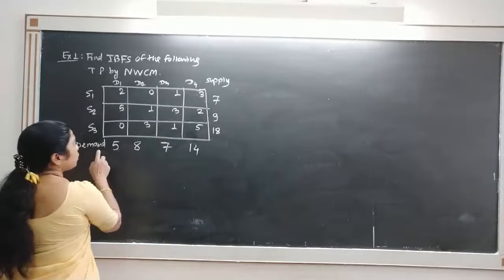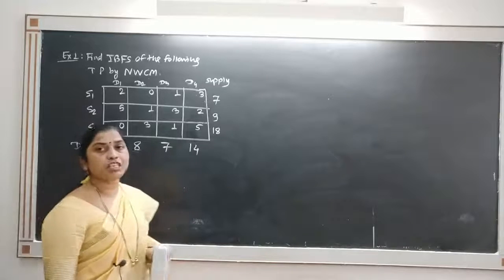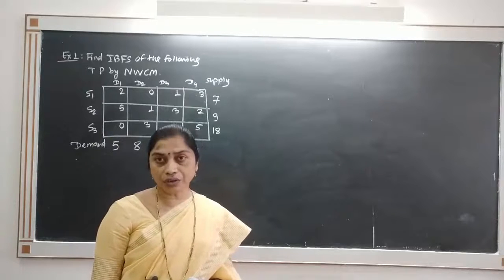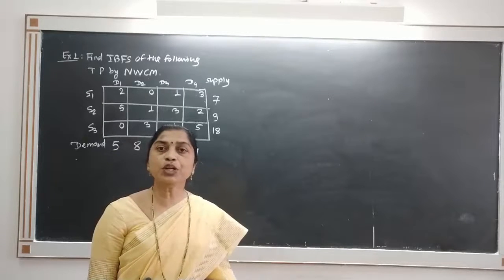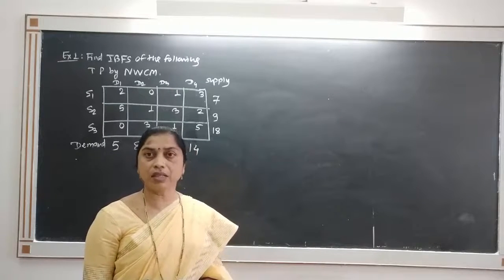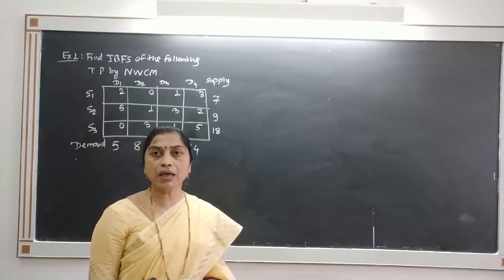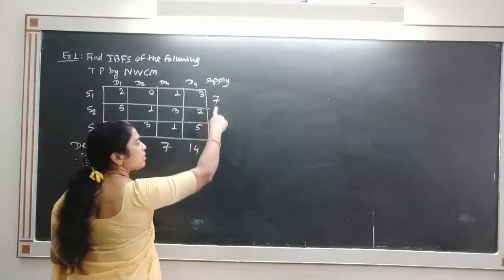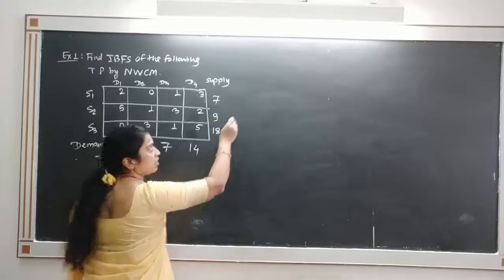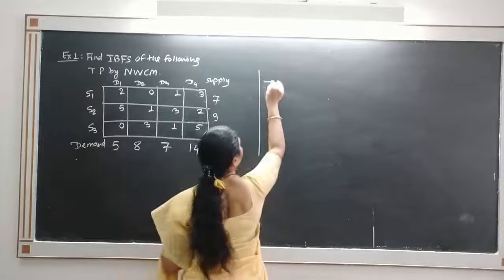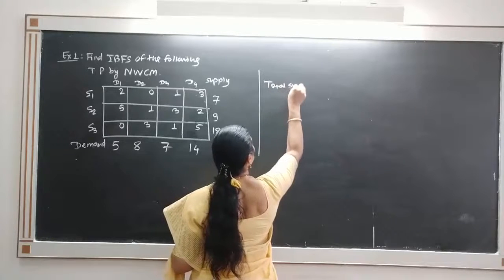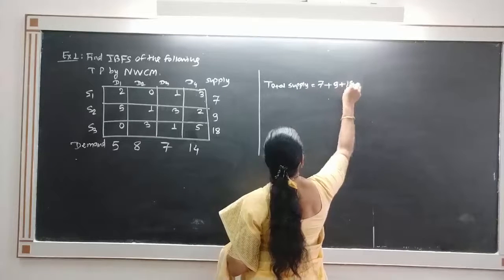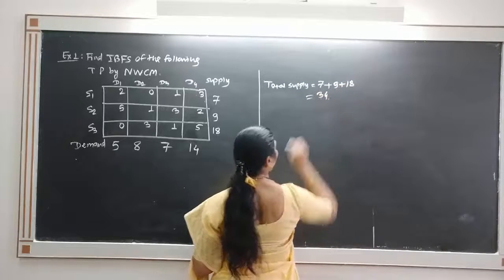We want to find the initial basic feasible solution of this transportation problem by northwest corner method. To find the IBFS by northwest corner method, the first condition is that the transportation problem must be balanced, that is, total supply must be equal to total demand. See, total supply is 7 plus 9 plus 18, that is 34.